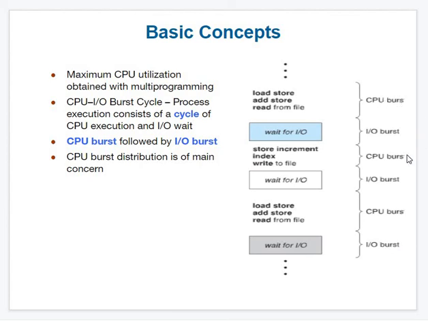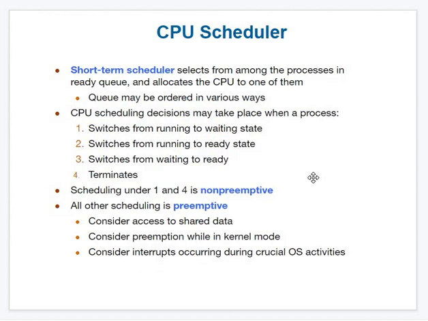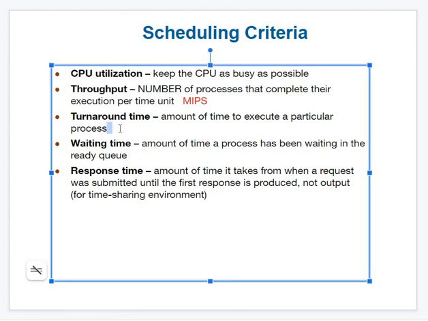If I add CPU burst 1, CPU burst 2, CPU burst 3, it becomes the CPU utilization time. If I add CPU burst 1 plus IO burst 1 plus CPU burst 2 plus IO burst 2 plus CPU burst 3 plus IO burst 3, the total summation is called turnaround time. So let me give you the idea: TAT equals waiting time plus CPU time. So this is the definition.